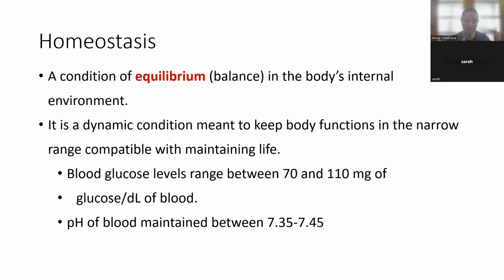And all of those things are maintained within a very narrow window. So failure to maintain homeostasis leads to sickness and eventually death. The only cause of death is failure to maintain homeostasis. There's lots of ways you can do that, but the failure to maintain it for an extended period of time will eventually lead to death.